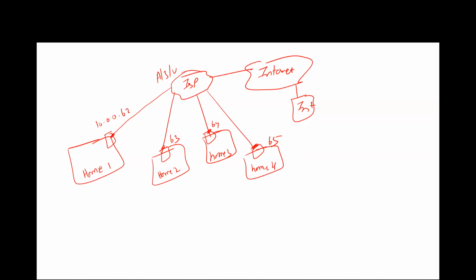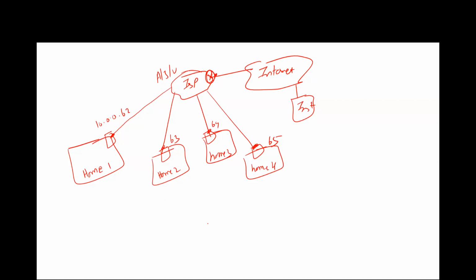Okay, so this conversion from private IP to public IP address is happening at the ISP. The ISP will have a router, and on this router, all private IP requests coming from the end users are converted into a public IP.